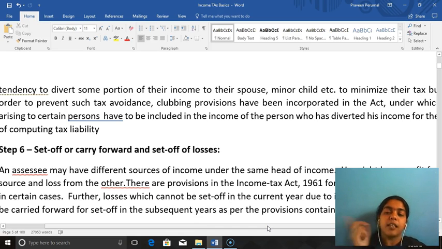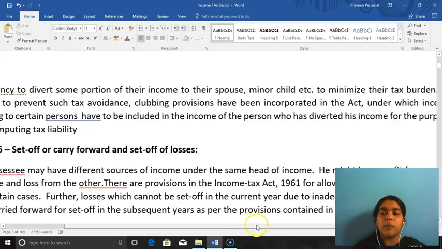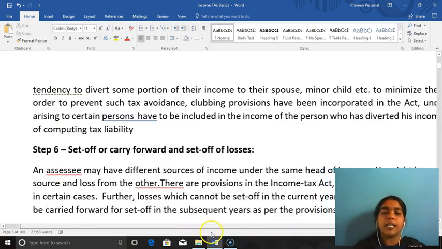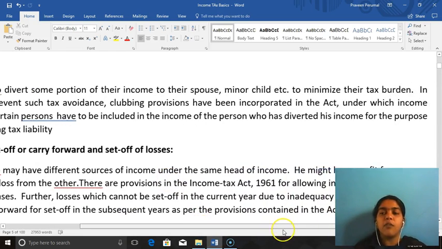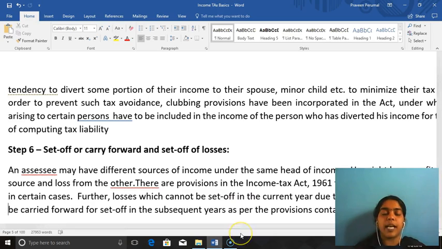If that be the case, the amount which is diverted is added back to the individual himself. That is why clubbing provisions have been incorporated, under which income arising to certain persons has to be included in the income of the person who has diverted his income, for the purpose of computing tax liability.